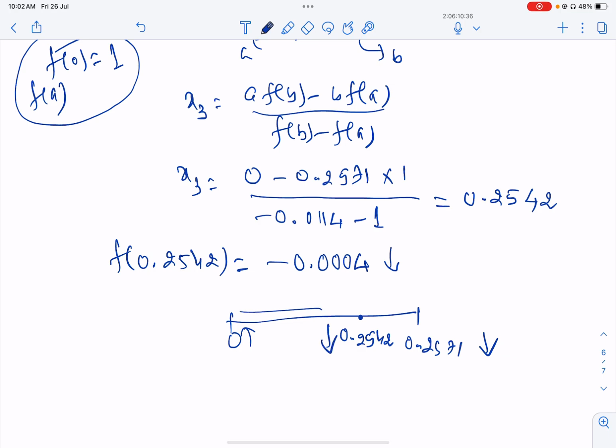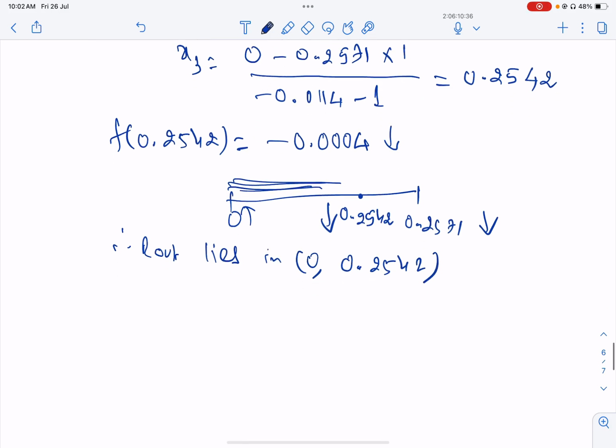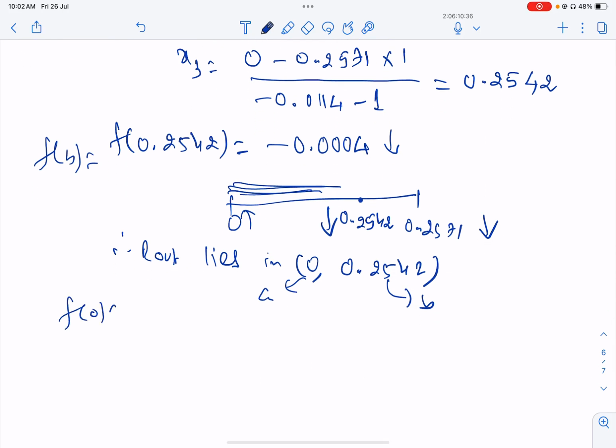So now our root lies again, you can say, in 0 and 0.2542. This is our B, this is our A, this will become f of B, and f of A we know.